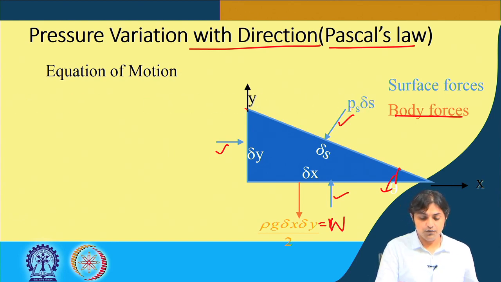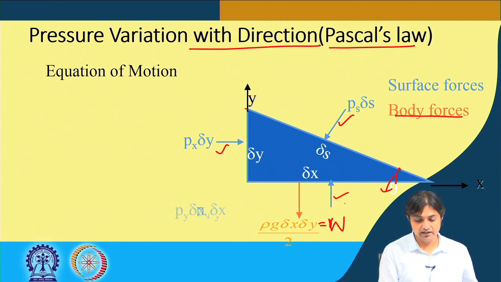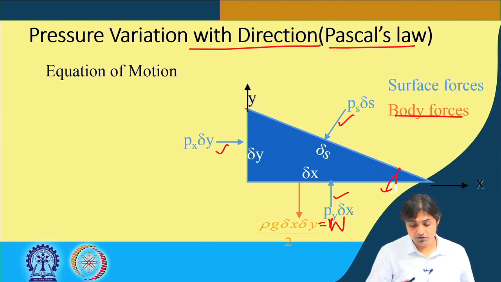On this surface the pressure is Ps, acting in a unit z direction, so the force will be Ps into area, that is delta s into 1. Similarly, in x direction it is going to be Px multiplied by delta y into 1, and in this direction it is going to be Py into delta x into 1, because we have assumed unit length in z direction.